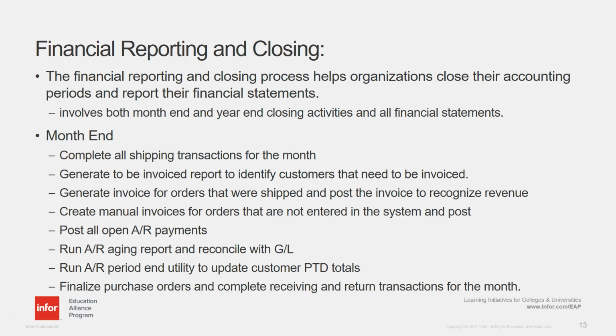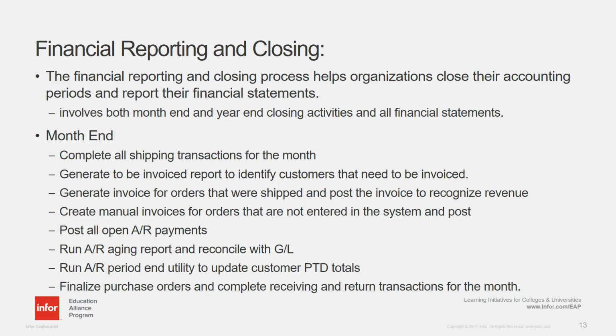You can generate financial statements and month-end statements for all transactions that have been shipped during the month. Any invoice that's been sent to a customer, shipping, and posting of the invoice to recognize the revenue. There are also manual invoices for orders where maybe the system was down and the invoice had to be generated manually.